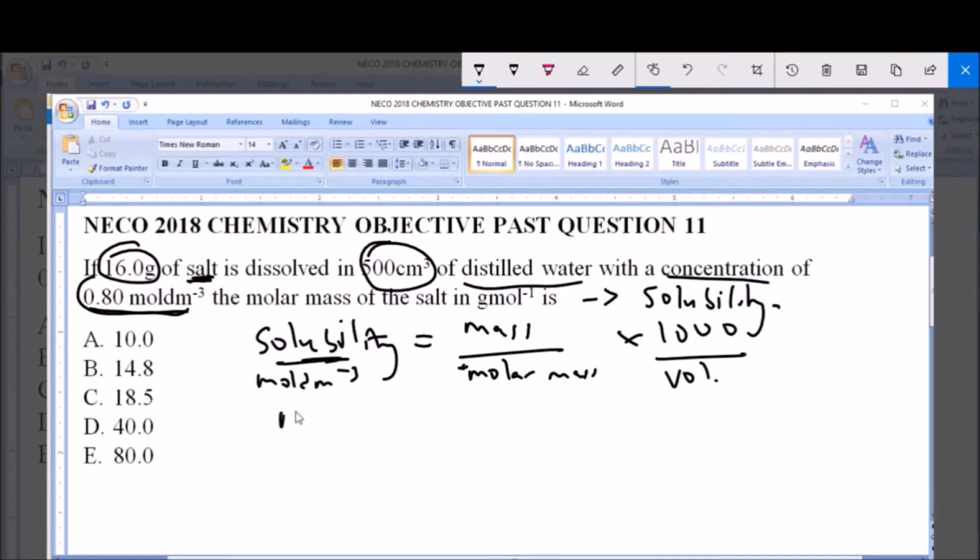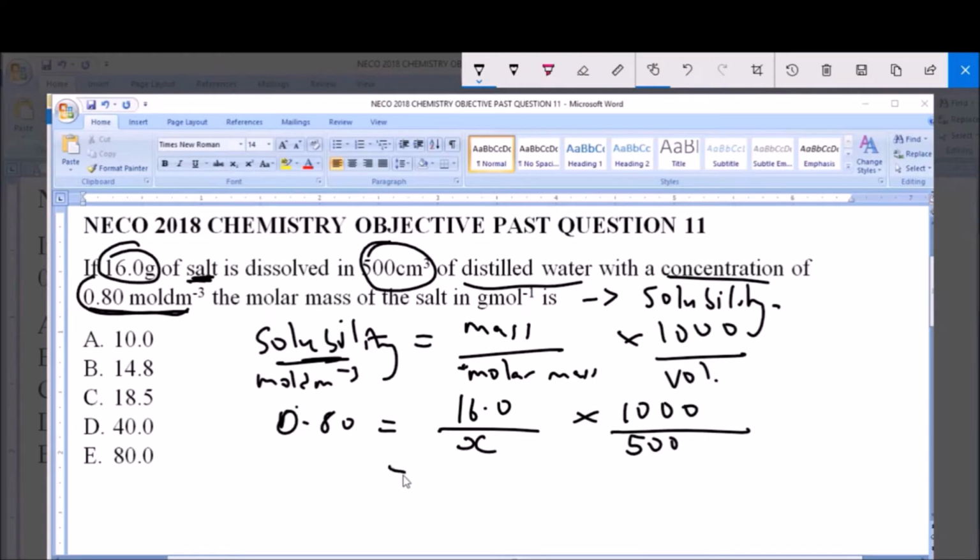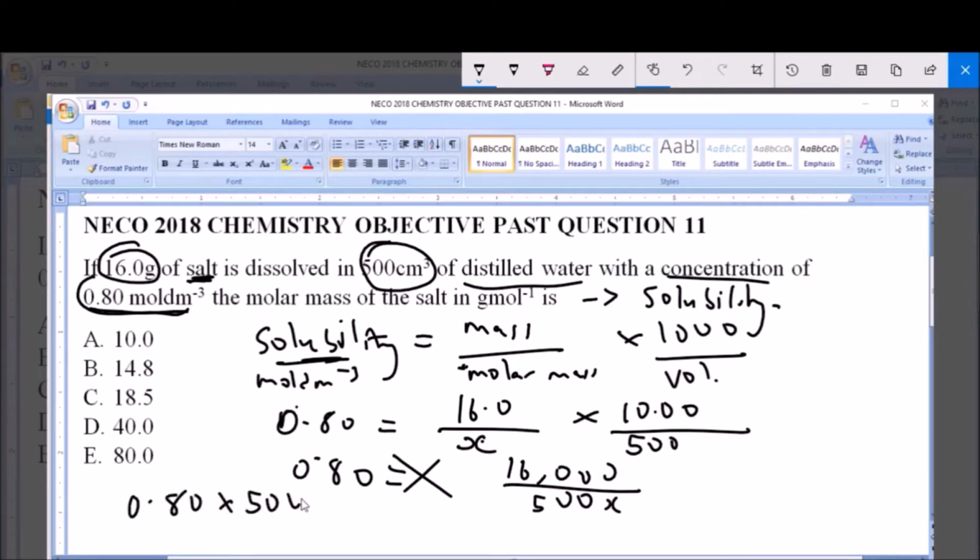So the solubility here is 0.80, which is equal to mass 16.0 over molar mass unknown, let's call that x, times 1000 over volume, which is 500. So multiply this by this, and this by this. That will give us 16,000 over 500x on one side and 0.80 on the other. So we cross multiply, and when we do that, we have 0.80 times 500x equal to 16,000.